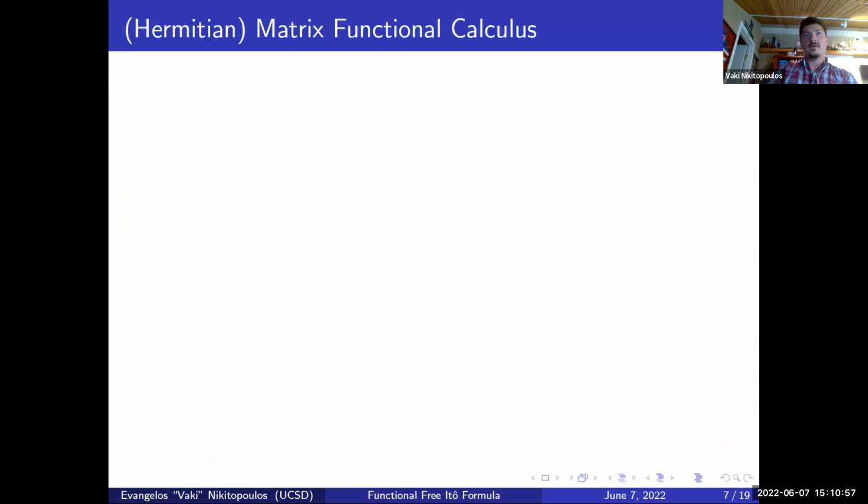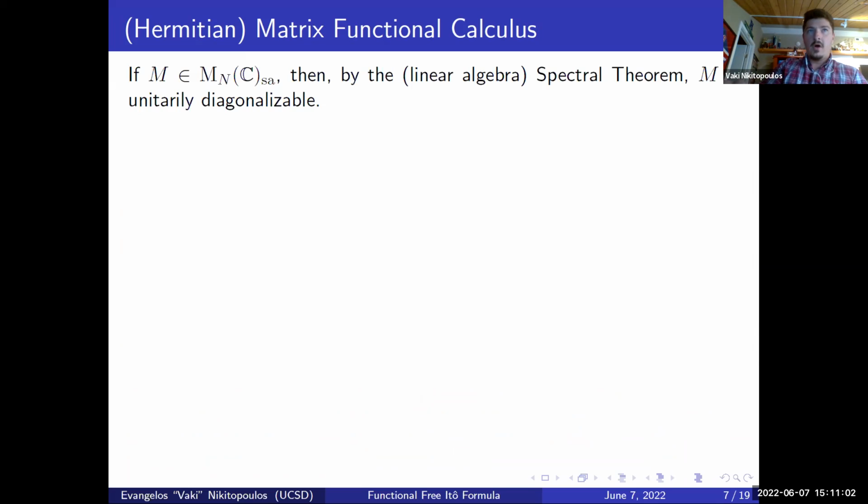All right, so here we go, Hermitian matrix functional calculus. Recall that if M is a Hermitian matrix, then the linear algebra spectral theorem says that M is unitarily diagonalizable. Now, my favorite way to conceptualize unitary diagonalizability is in terms of a spectral resolution, which is also what you use in the infinite dimensional case.